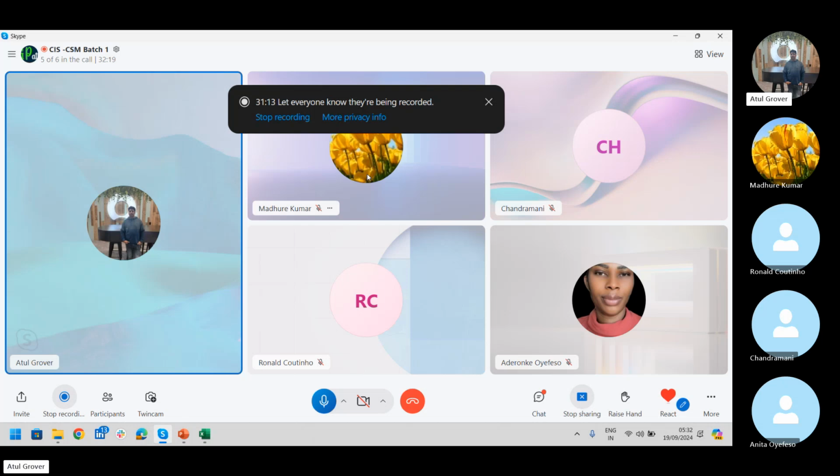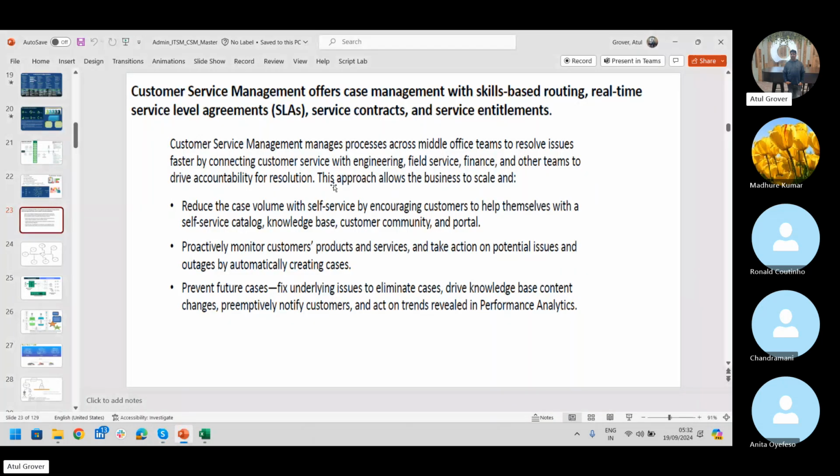They're proactively telling you, you're not an end user, you're a customer, so that if you have any plan to do any transaction between this time, please be careful, the services will not be available. Proactively monitoring the customer's products and services, and telling them on time.